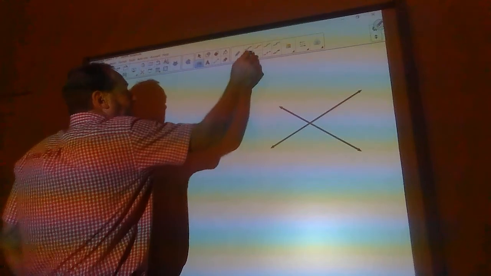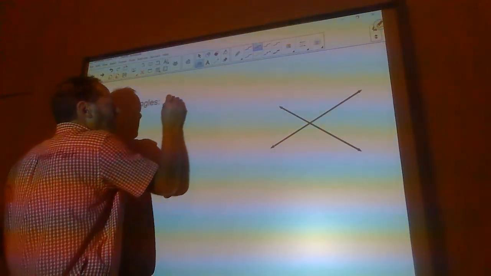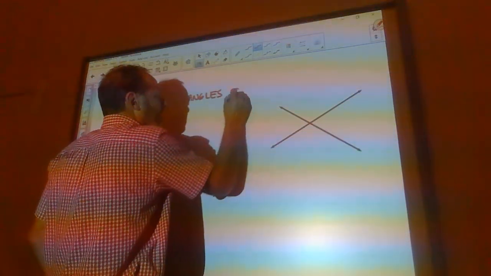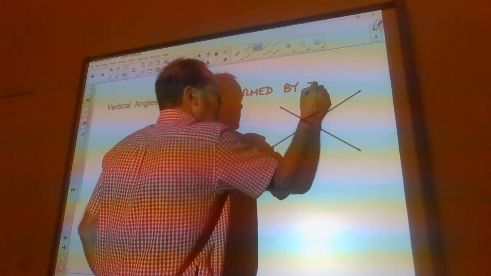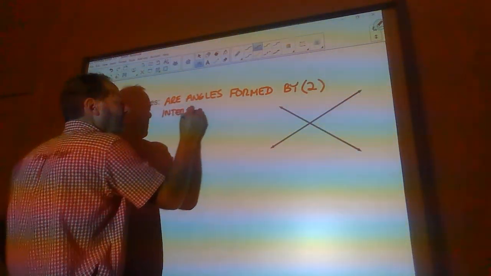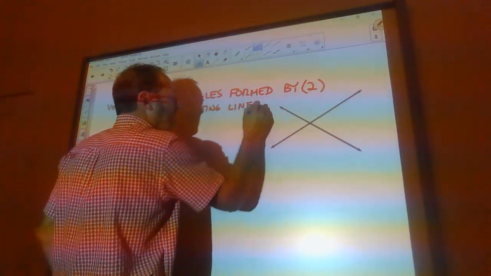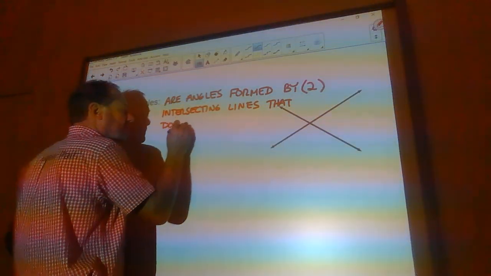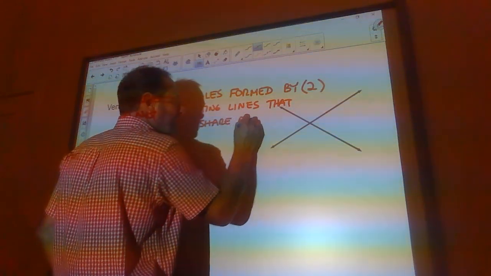Okay. So we would say vertical angles are angles formed by two intersecting lines that do not share a side.